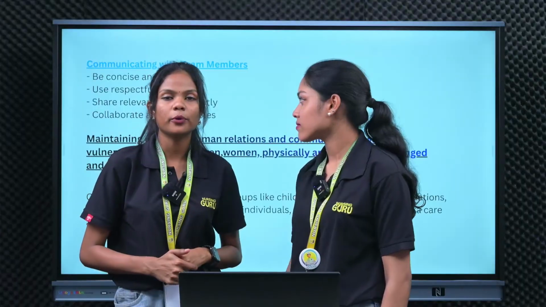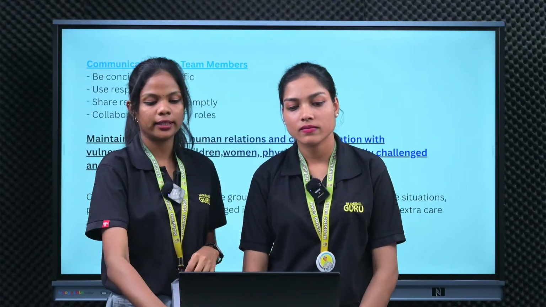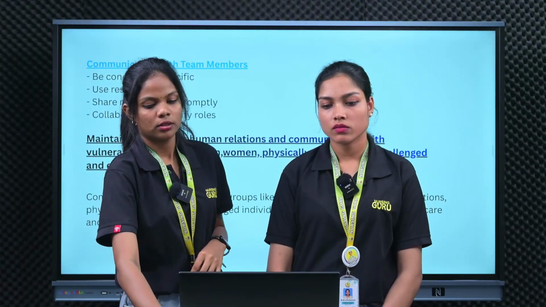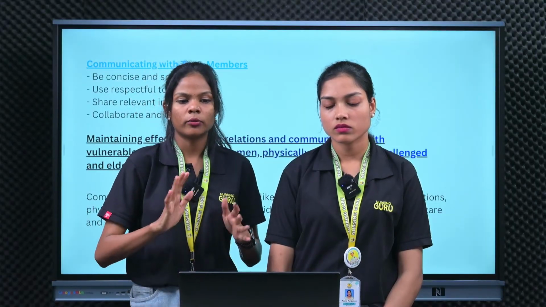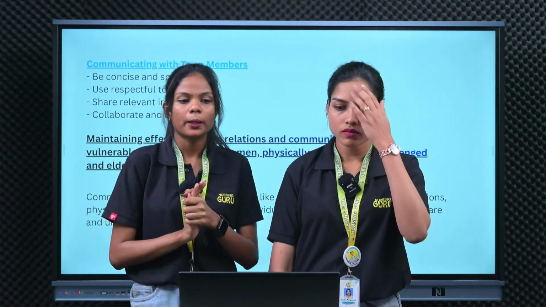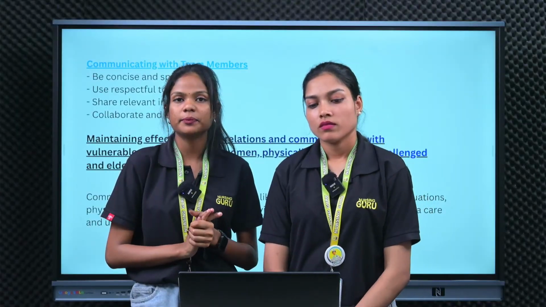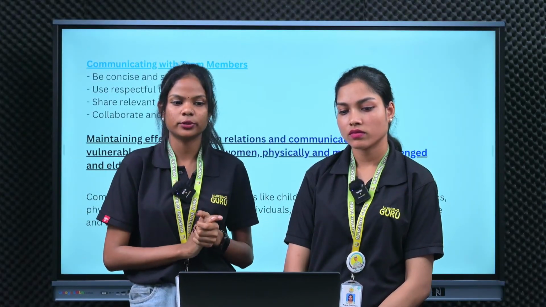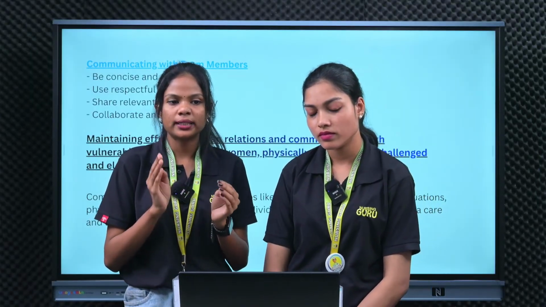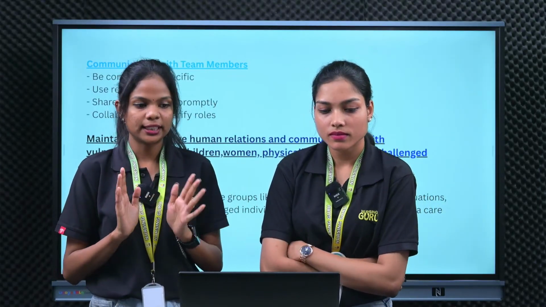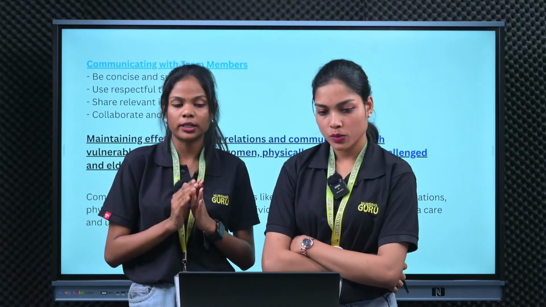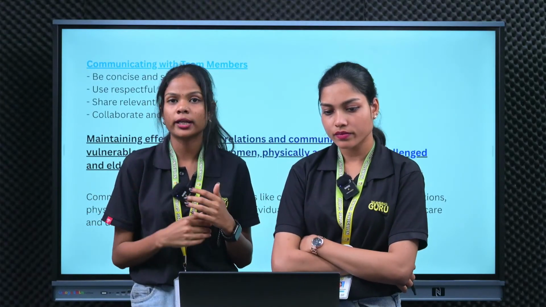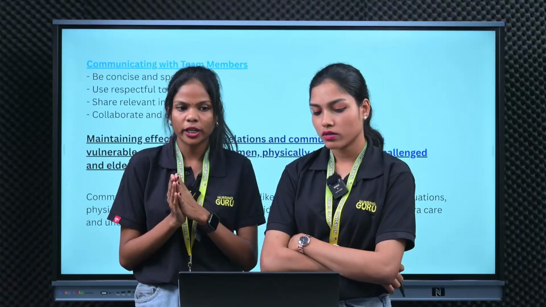Next one is communicating with the team members. What are the things we need to understand for communicating with team members? Be concise and specific. Concise means we don't use difficult or medical words to communicate; the words should be in simple language. Use a respectful tone.